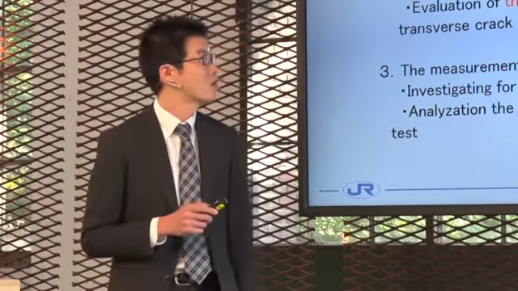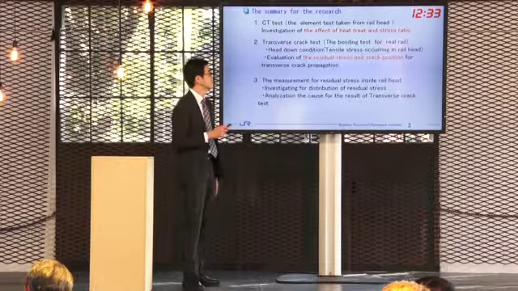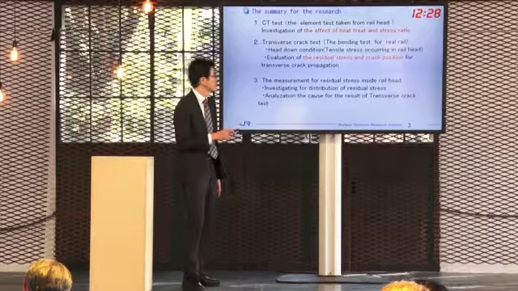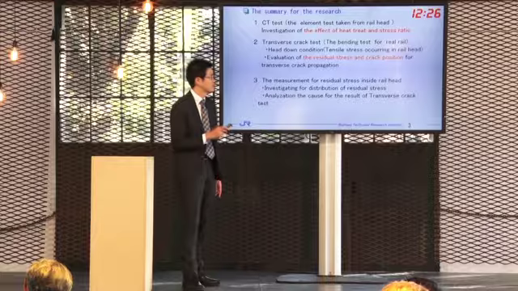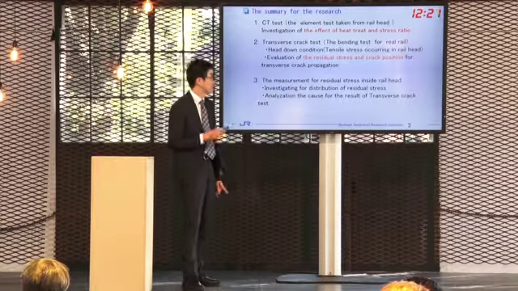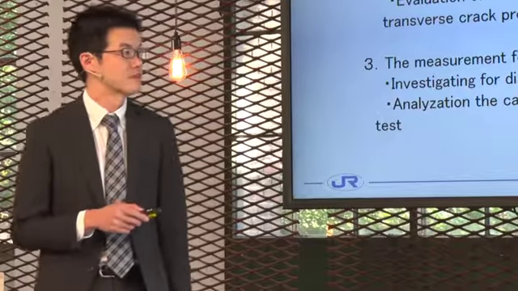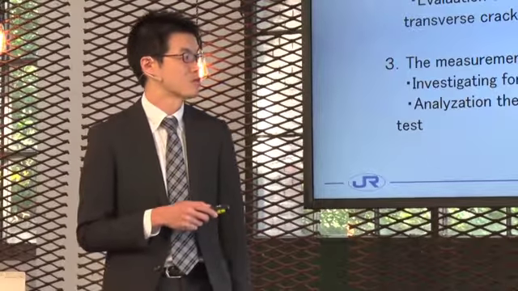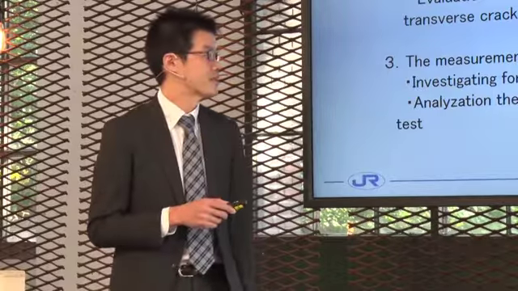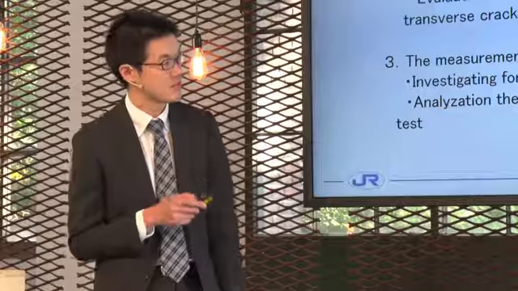Second, we conducted the transverse crack test, a bending test for real rail, to evaluate the radial stress and crack position for transverse crack propagation. And third, we measured the radial stress inside the railhead to investigate its distribution and analyze the cause of the transverse crack test result.